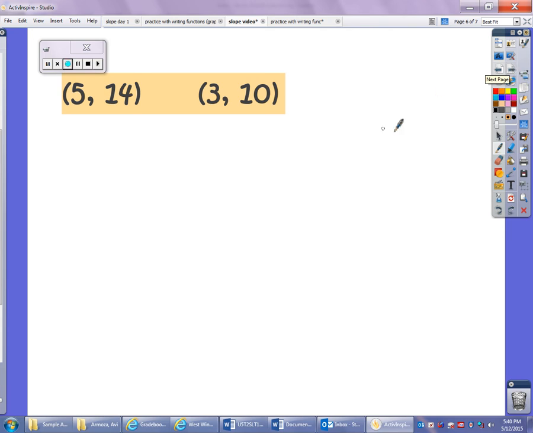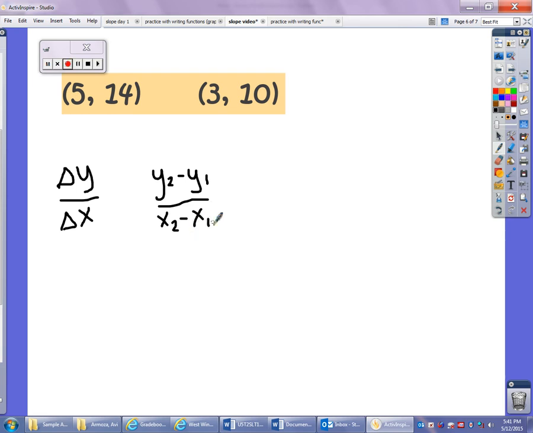Well, if you're just given 2 points, you still kind of do the rise over the run, or change of y over the change of x. But in this case, to find the change of the y's, you basically are going to take one of the y's and subtract the other y. And you're going to take the two x's and subtract them. Now, you may be wondering, why do they have little 2's and 1's next to the x's?